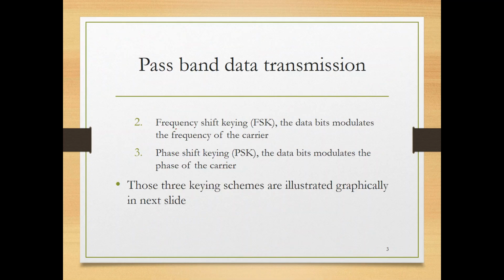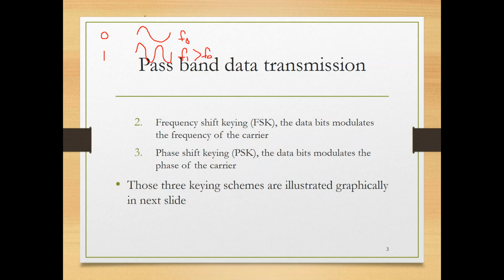The second type is to play with the frequency. Give me another rule for modulation. If 0 comes, then use this frequency. We fix the amplitude and we just change the frequency. If 1 comes in the sequence, if the computer generates 1, this means that I'm going to increase the frequency of my carrier to f1, which is greater than f0.